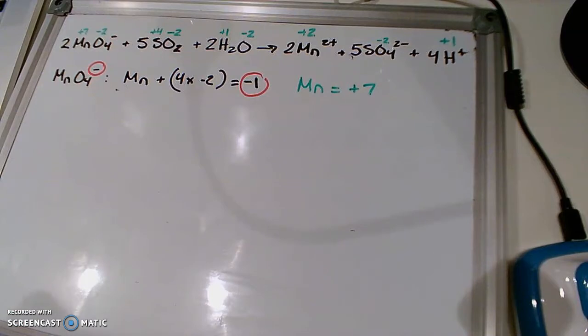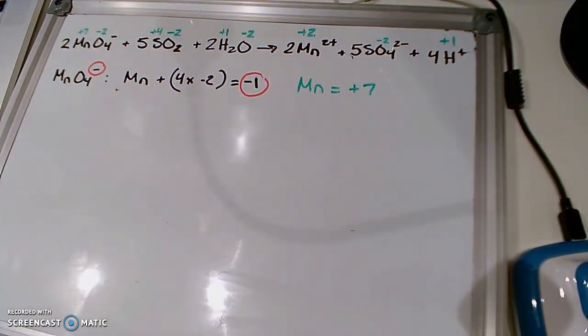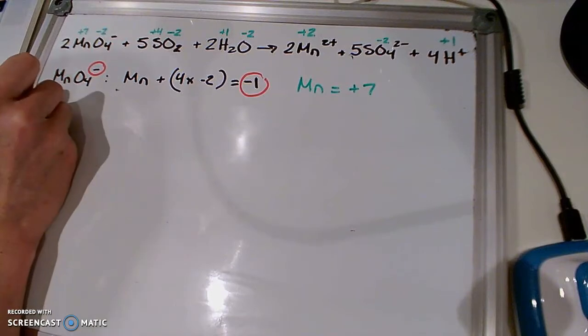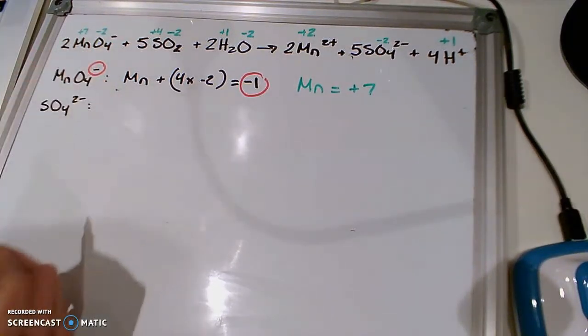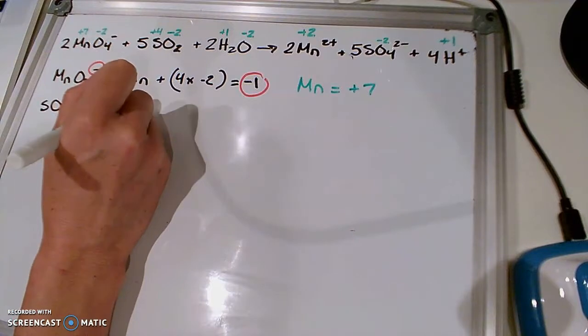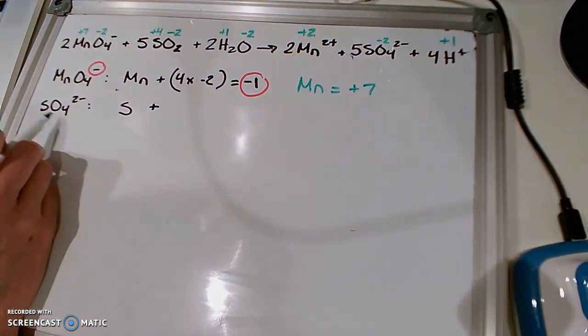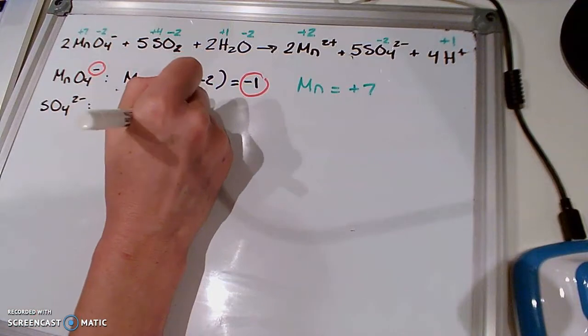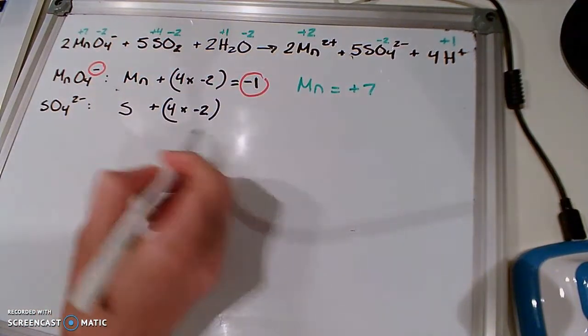And we can do a similar process for our SO4 2-. Similarly, for the sulfur's oxidation number, again we have 4 oxygens, so that's going to be 4 times -2. So this adds up to -8.